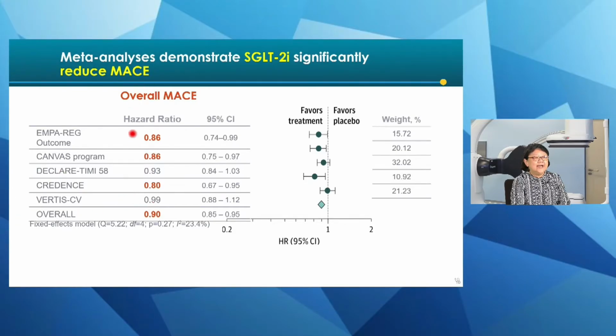They plotted the hazard ratio for MACE outcomes, and when they did an overall meta-analysis, you can see that SGLT2s reduce MACE significantly by 10%. P-value significant. So when you place all the cardiovascular outcome trials together, you see a significant benefit that SGLT2s can give you a cardiovascular benefit.